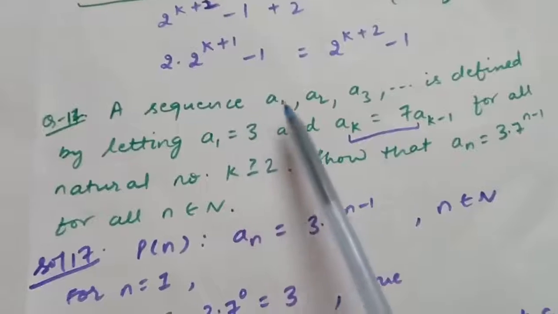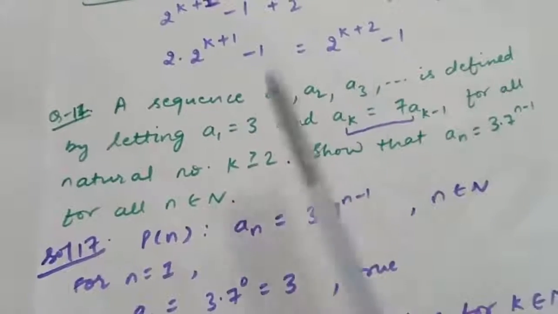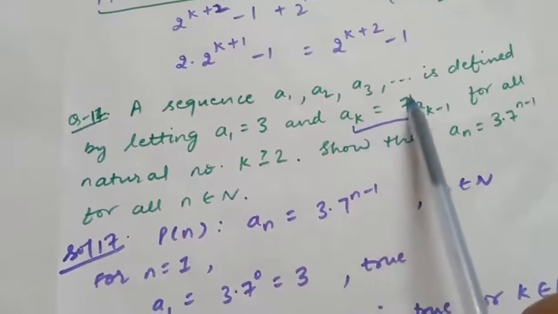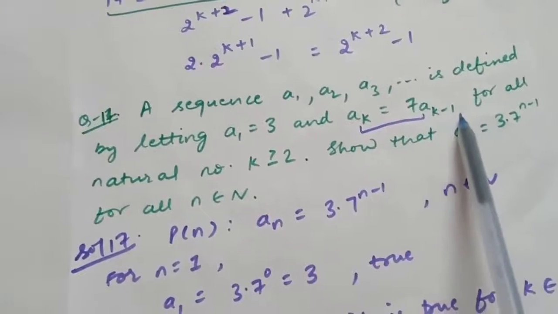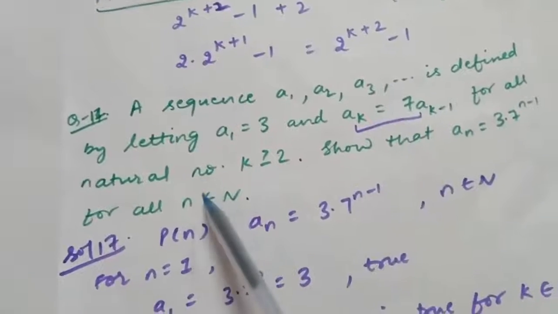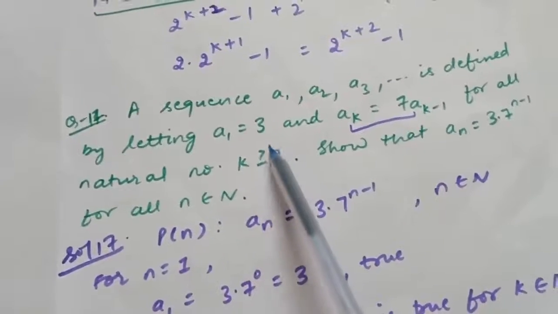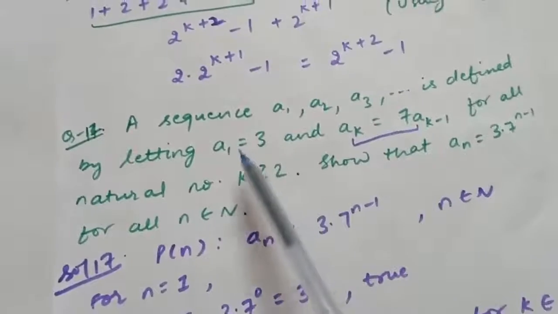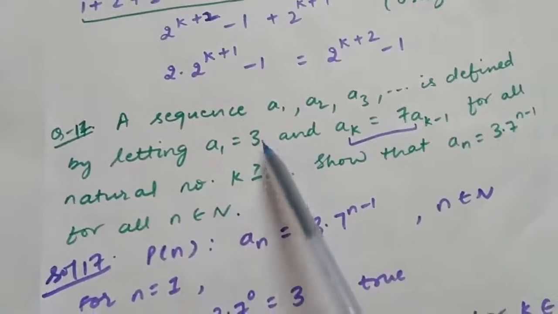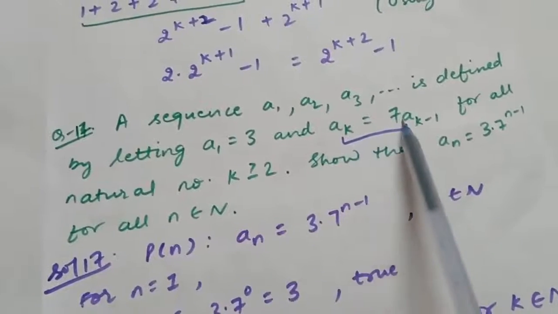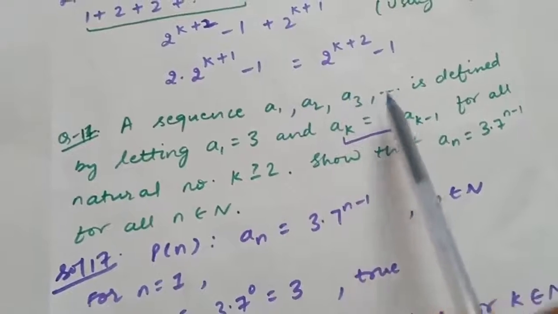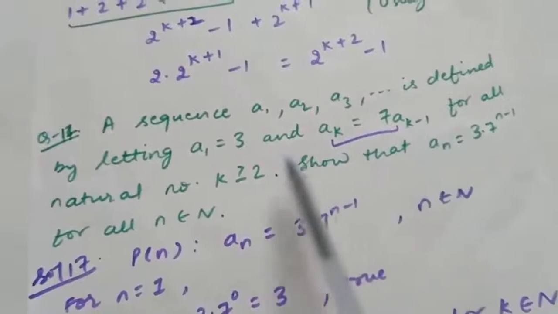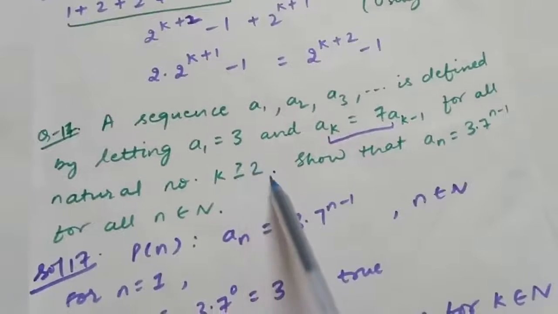A sequence a1, a2, a3 is defined by letting a1 is equal to 3 and ak is equal to 7 into a(k-1) for all natural numbers k greater than or equal to 2. So see, this sequence a1, a2, a3 is given such that the value of a1 is 3, and for the other values they have given that ak is equal to 7 a(k-1), which is true for k greater than or equal to 2.